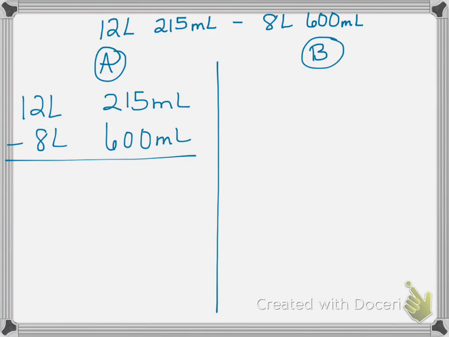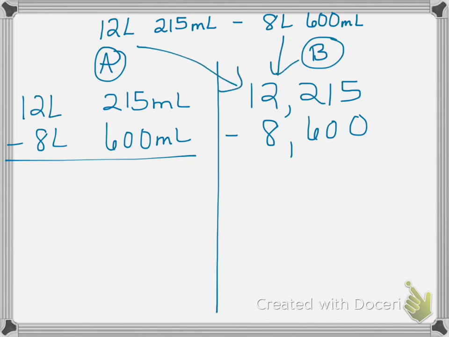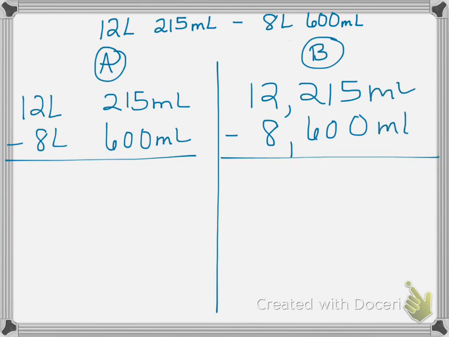Now, over here, before I even go any further, I'm going to convert these. So I'm going to have 12,215 minus 8,600. So I just converted both of these. And I'm going to write milliliters here.